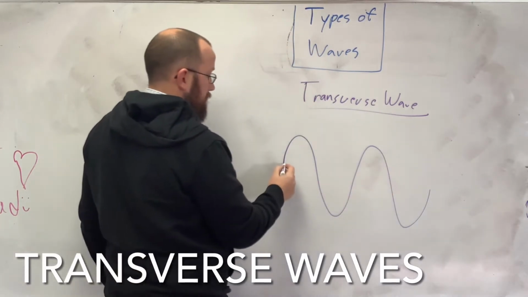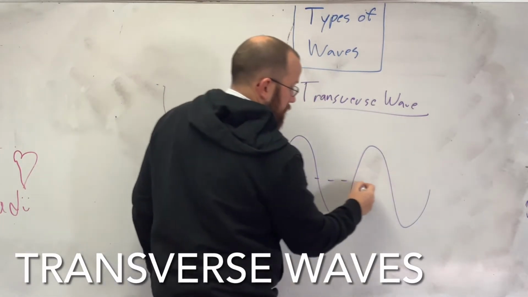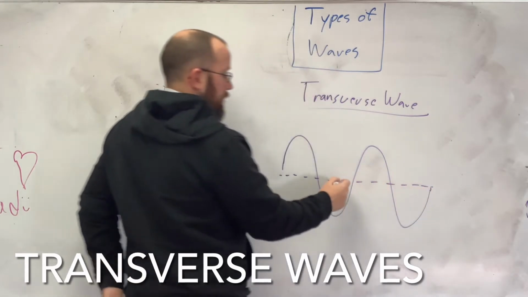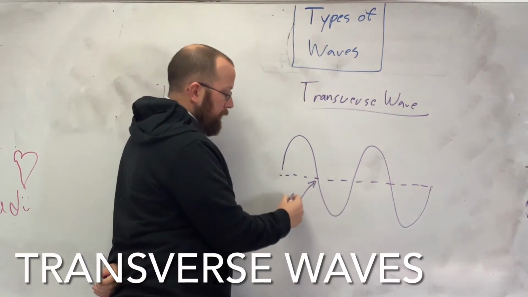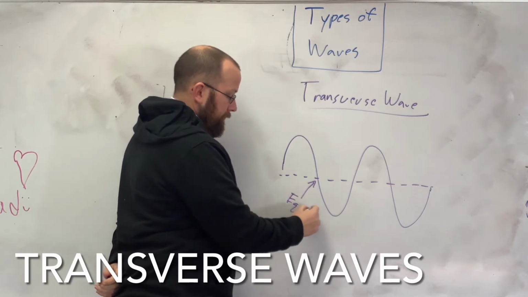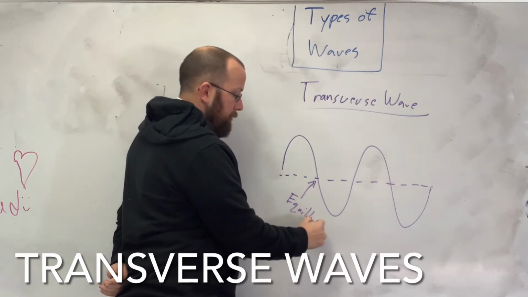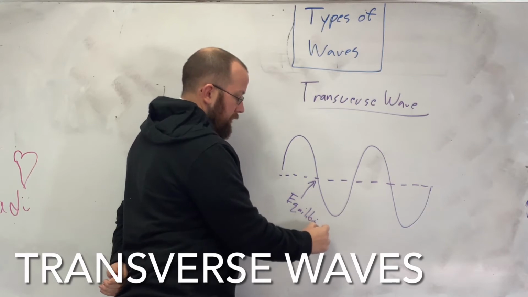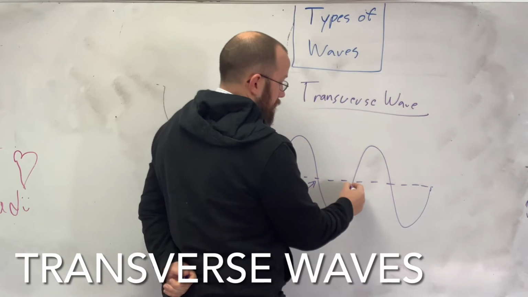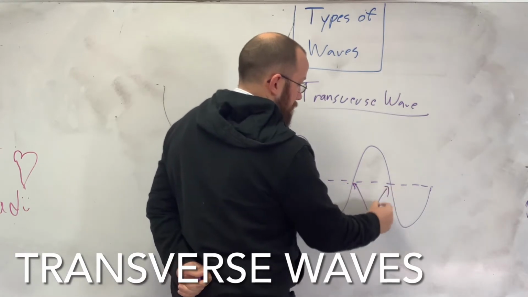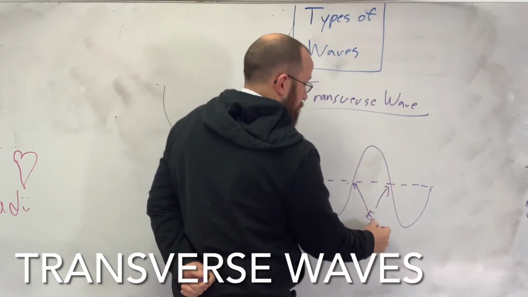So what it means is you have this little line that goes through here. Whenever the wave hits this line, it's at what is called equilibrium. It's at equilibrium right there when it starts, and right there and there. I'm just going to write equilibrium.